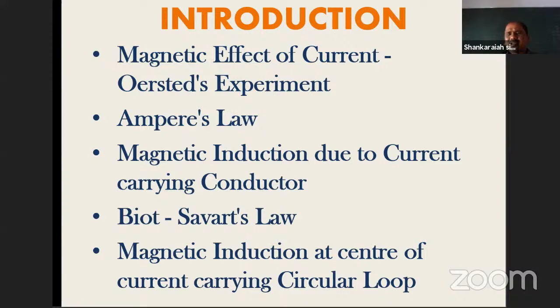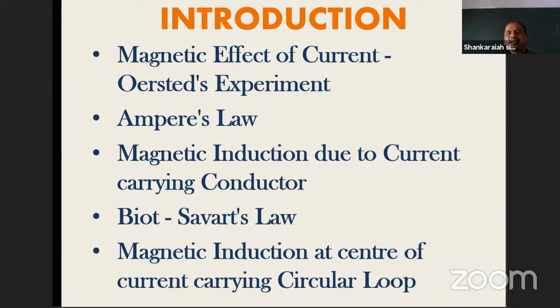This is called Ampere's swimming rule. First one is over. Next, Ampere's law. The line integral of the dot product of B comma dl is equal to mu naught times the total current in a conductor.